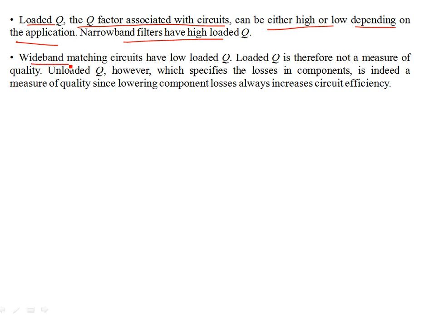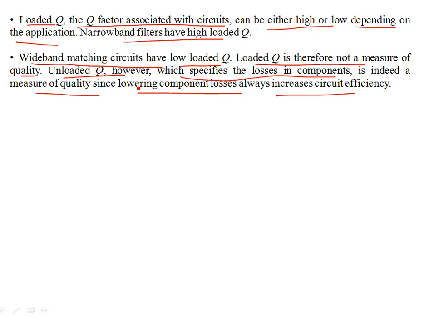Wideband matching circuits, on the other hand, have a low loaded Q, and loaded Q is therefore not a measure of the quality. Unloaded Q, however, which specifies the losses in the component, is indeed a measure of the quality, since lowering the component losses always increases the efficiency.